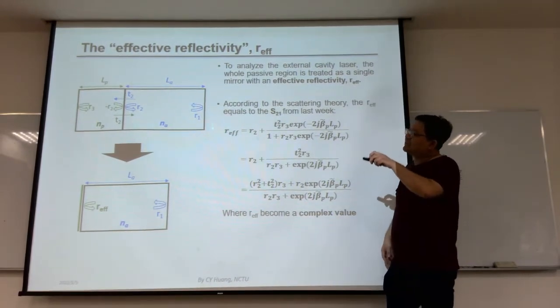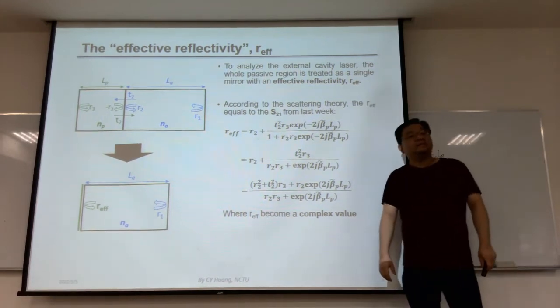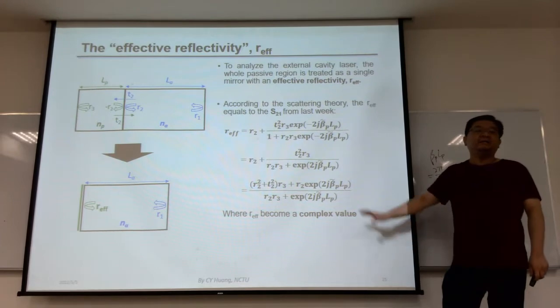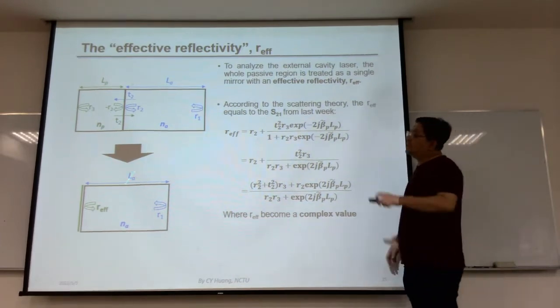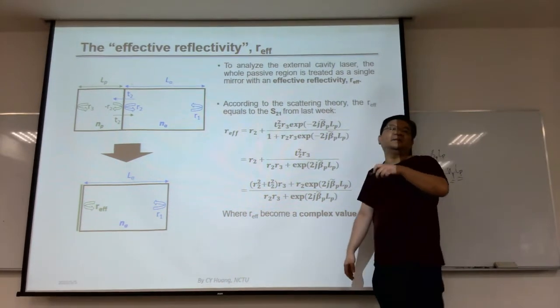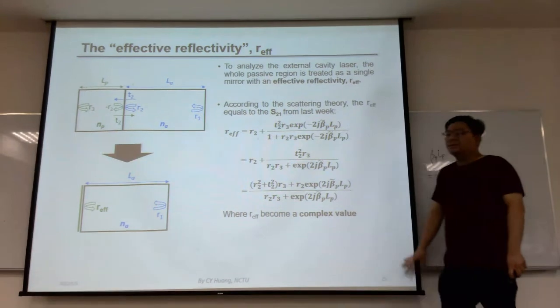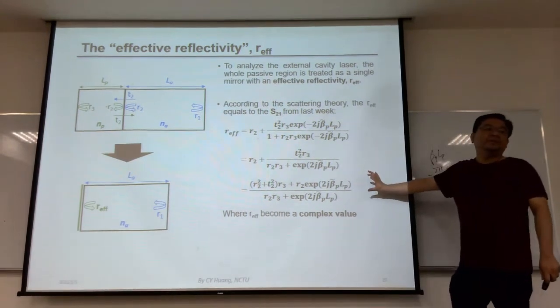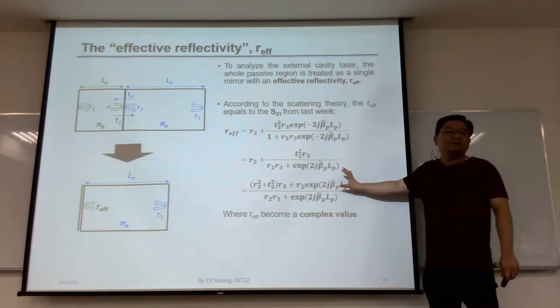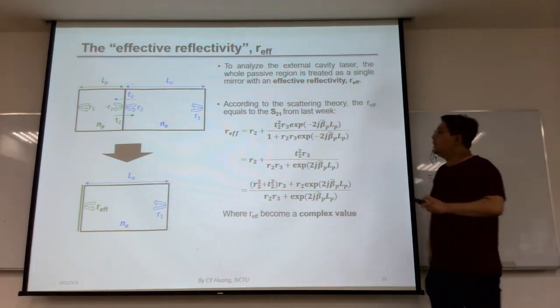If you only have a single interface, the R will definitely be a positive number. There is nothing we can do about that. But if you can fill something in and we can actively change NP or LP, then the lasing wavelength is something we can fine tune. We can't do a very large tune, but we can fine tune the lasing wavelengths.